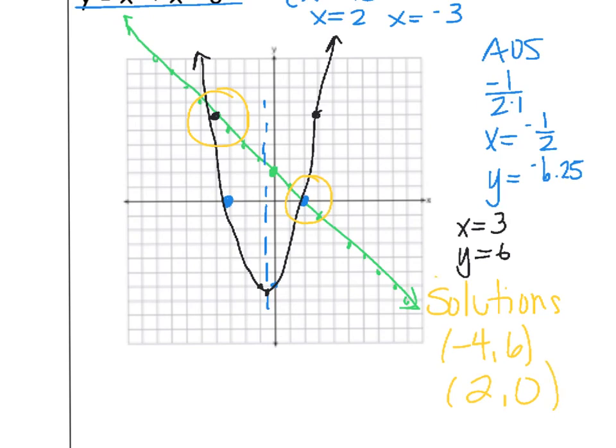So again, both of these will work in both of the equations. So we're looking for answers that will work in both equations, and since we have a linear and a quadratic, we're going to get 2 points of intersection sometimes. Sometimes, just like linear systems, we may not get any, or we may just get 1.